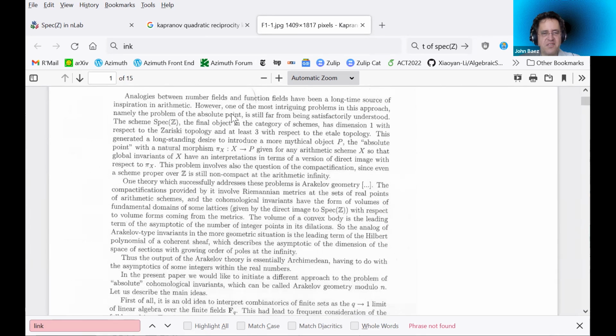Yeah, so here it just says the scheme Spec Z with respect to the Zariski topology, and at least 3 with respect to the étale cohomology. I don't know why they say at least 3.